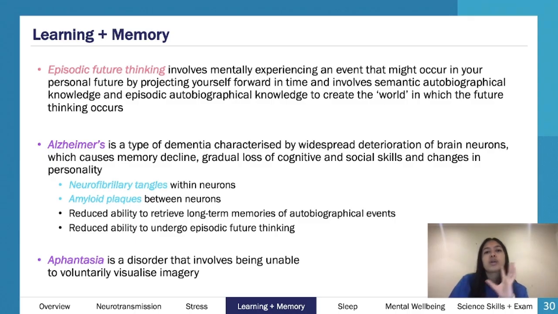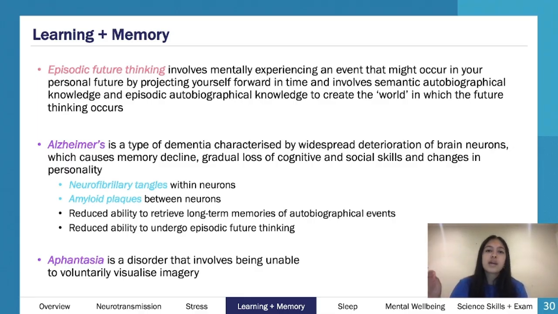It involves both of these explicit memories, your episodic and your semantic. It's the ability to picture, like when you have your little daydreams and you think about these little scenarios. Alzheimer's and aphantasia both affect your autobiographical memories, and so can affect this idea of having imagined futures.